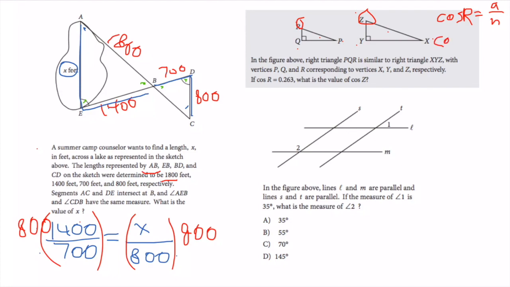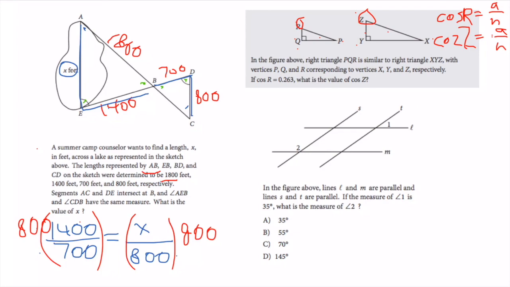I know that cos of Z is also the adjacent over the hypotenuse, and their side lengths are just ratios of each other. So all it's trying to show you is that cos of Z would be the same fraction, just expanded, just a bigger fraction.